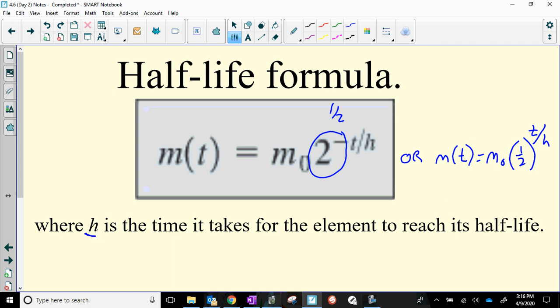H is the time it takes to reach its half-life, so that was the 8 days in the previous problem. It's the same thing we saw for double time as half-life, except using a negative exponent, or you change your base from 2 to 1/2. Do one of the two things, not both. If you do both, you're talking about double time, not half-life.